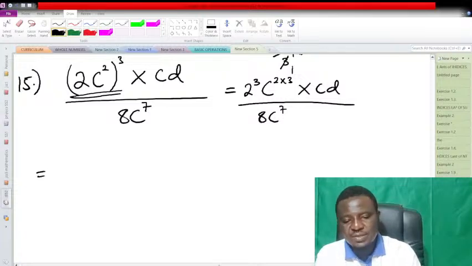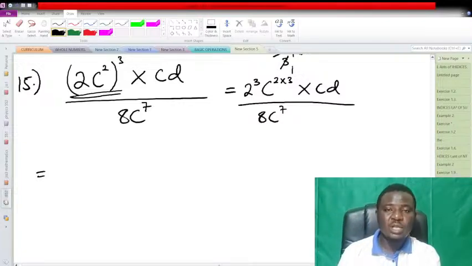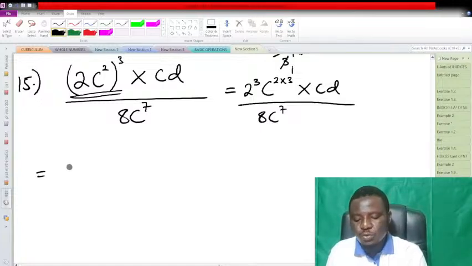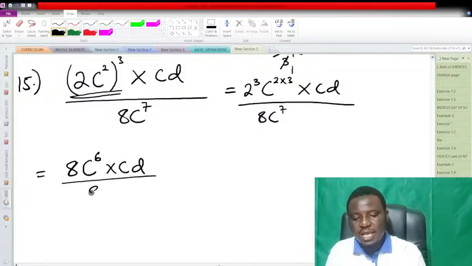When you simplify this, 2 cubed is said to be 2 times 2 times 2, and 2 times 2 is 4, 4 times 2 is 8. So 2 cubed is said to be 8 times c raised to the power of 6 times cd all over 8c raised to the power of 7.